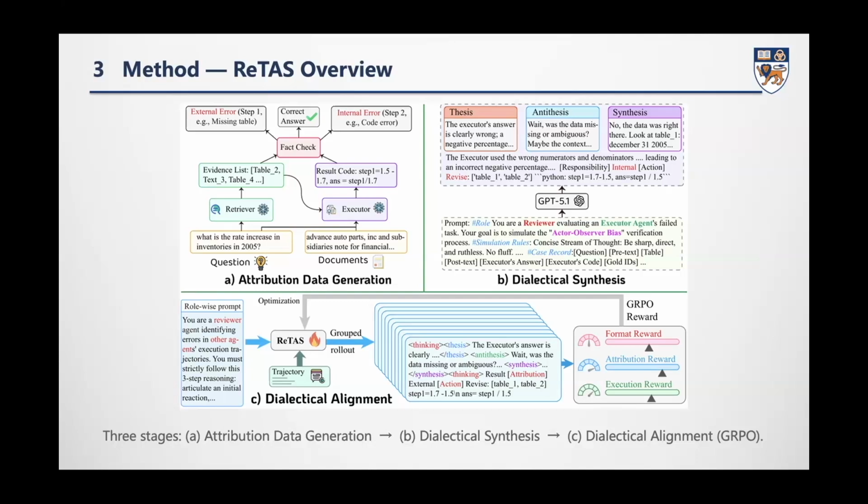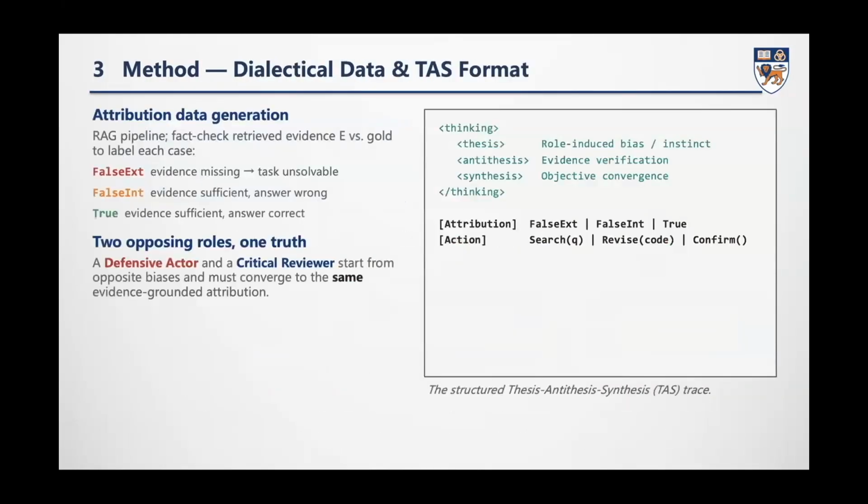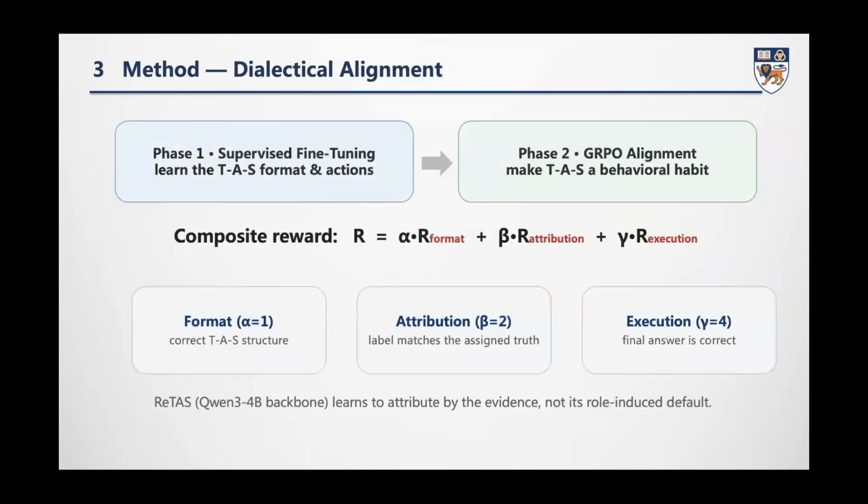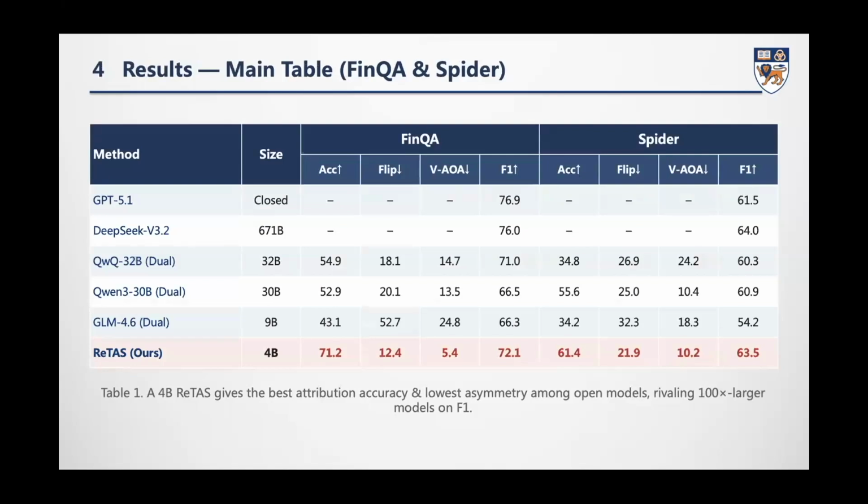After we generate the thinking process, we use SFT and GRPO to optimize the model to give a stable answer, even with different roles. This is the three-step thinking, and this is the reward. And this is the performance of our model compared to current large language models. We can find that our model achieves the best performance and the lowest AOA bias.